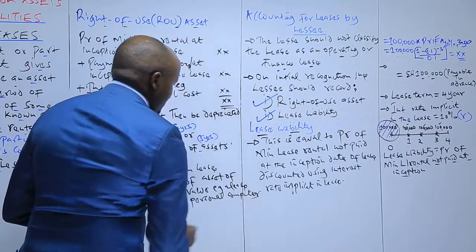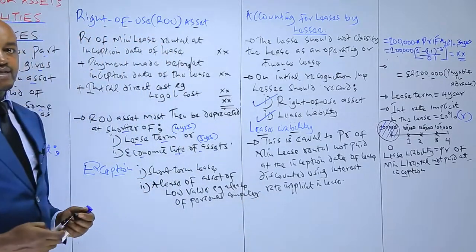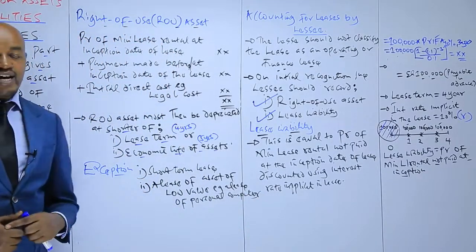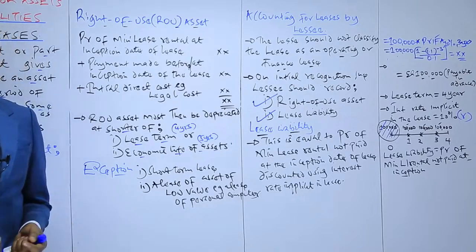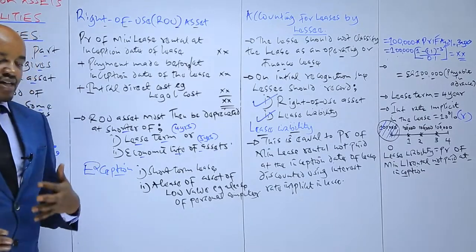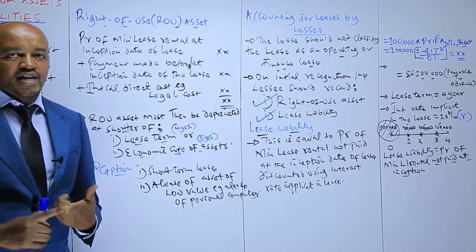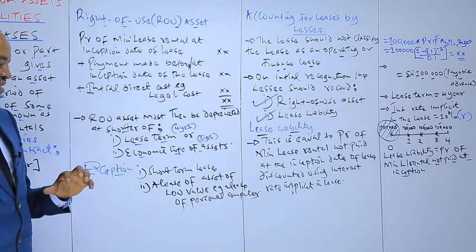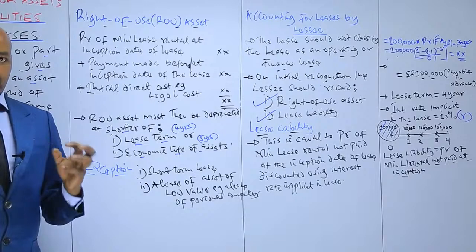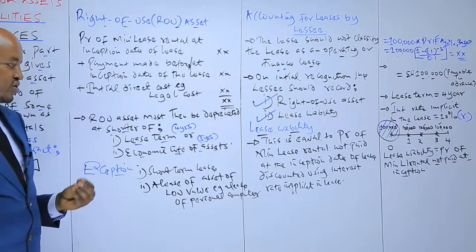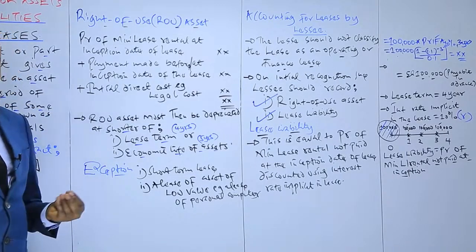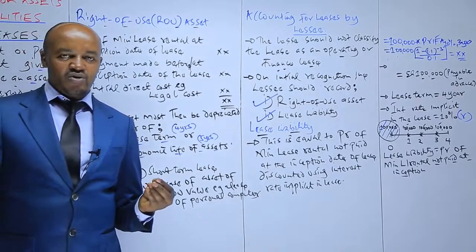So if a company leases such an asset, e.g. a personal computer or even a laptop, which is of low value, that company does not need to recognize the right of use asset and what? The lease liability, but the company will just need to recognize the amount which is being paid as a result of having leased that particular what? Asset as an expense, as an ordinary what?